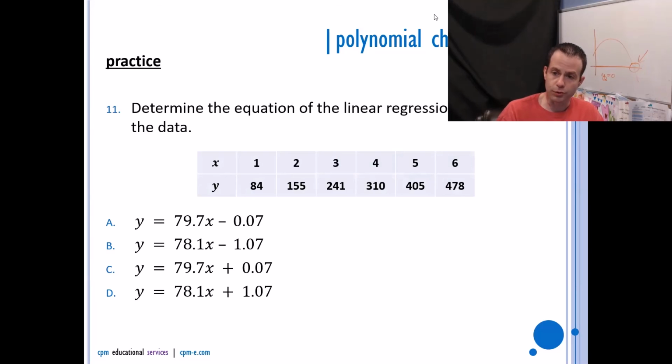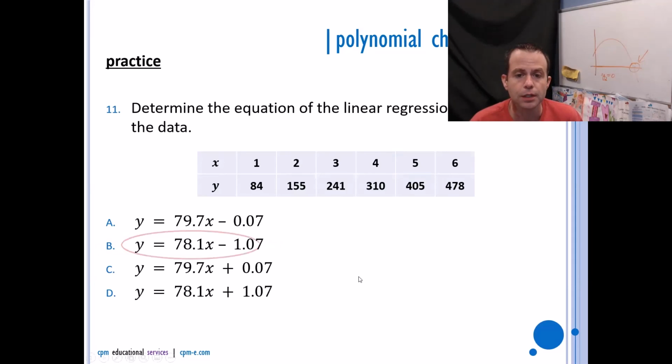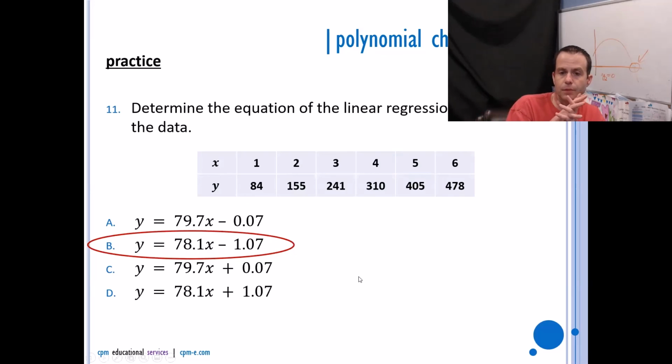So if you're an older TI system, you'll go variable, Y variable, function Y1. And if you are a newer TI, just in the store equation section, you'll stick Y1 there. If all those steps went okay for you, you should end up with y = 78.1x minus 1.07.